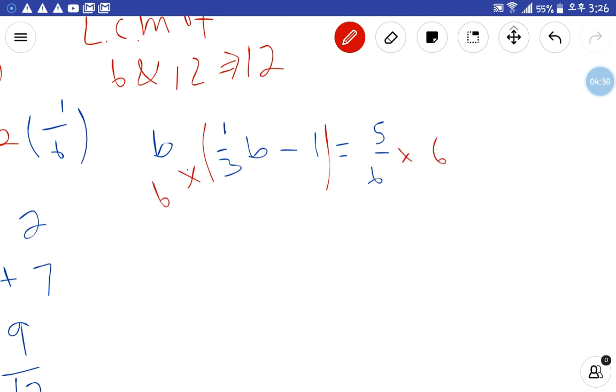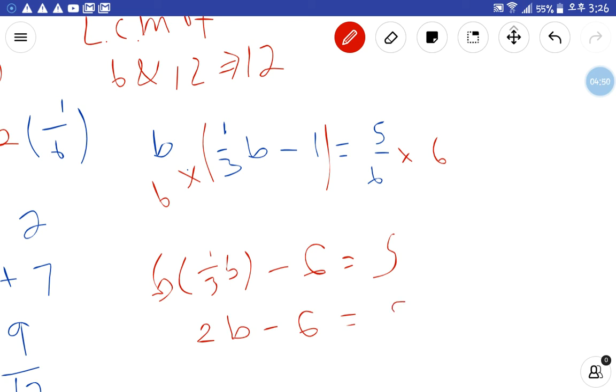And now what? 6 should be distributed to the two terms, which become 6 times 1 over 3b minus 6 becomes 5. This 6 times 1/3 becomes 2b minus 6 equals 5.